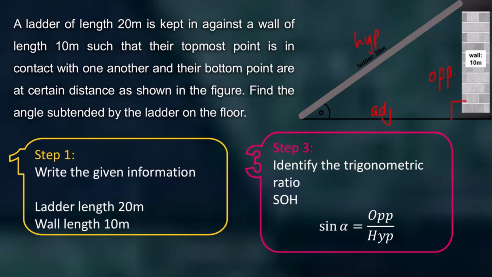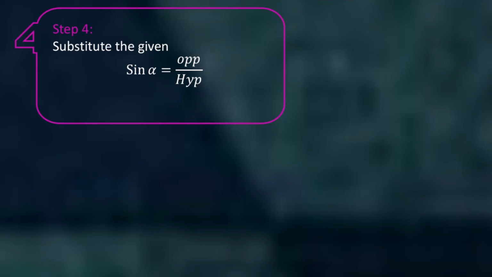Step 4. Substitute the given. From this, sin alpha is equal to opposite over hypotenuse. Isa-substitute po natin lahat. And that is sin alpha is equal to 10 over 20.